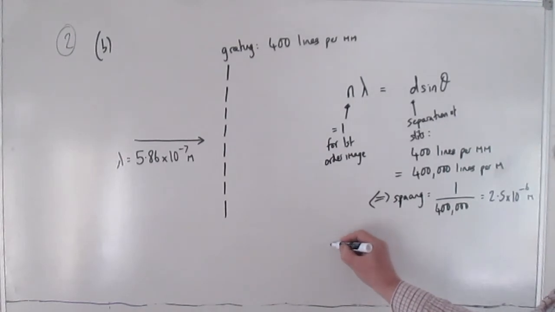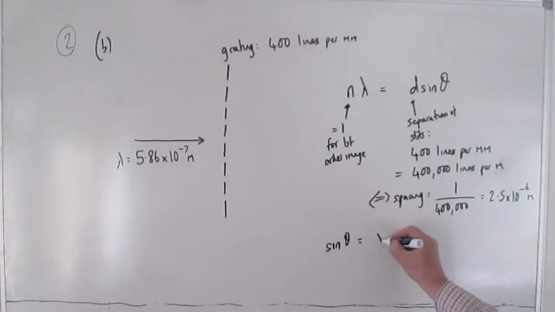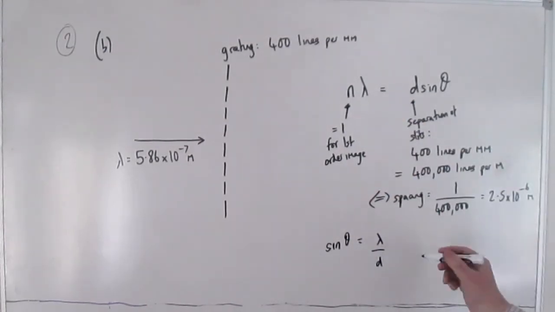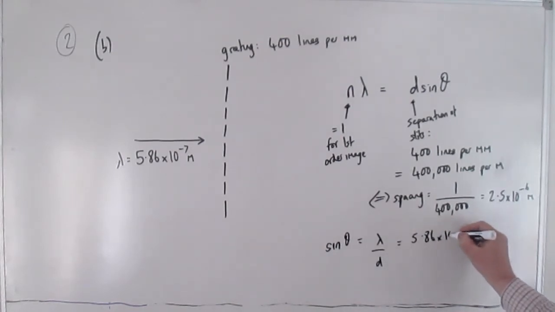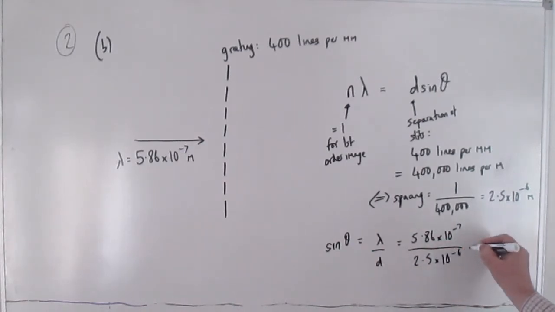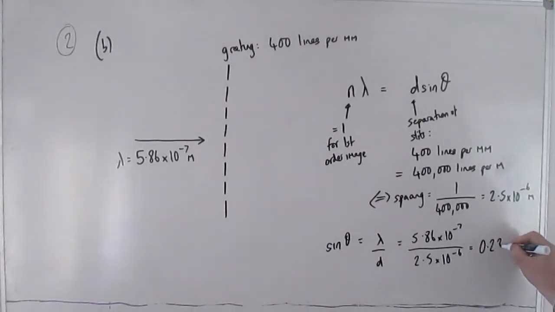So we get sine theta is equal to lambda over d, because n is equal to 1, which is 5.86 times 10 to the minus 7 divided by 2.5 times 10 to the minus 6, and that equals 0.2344.